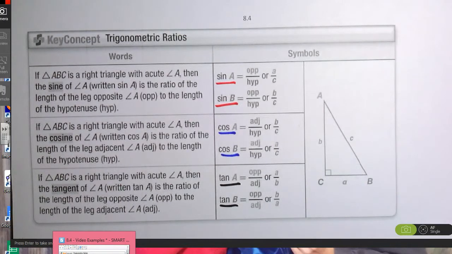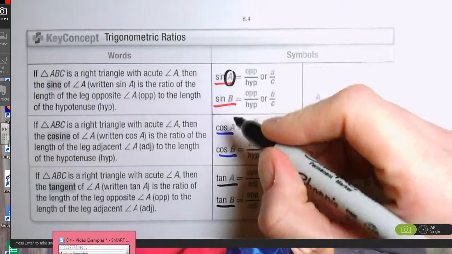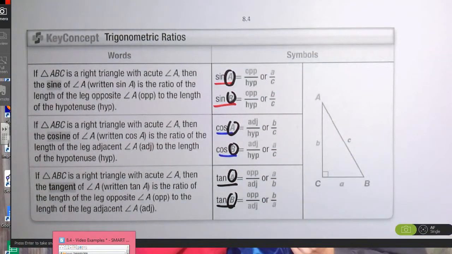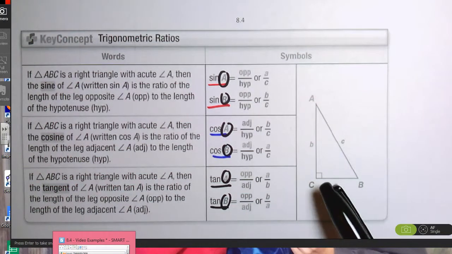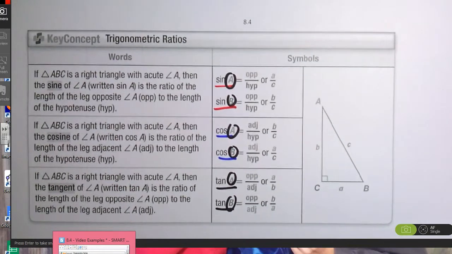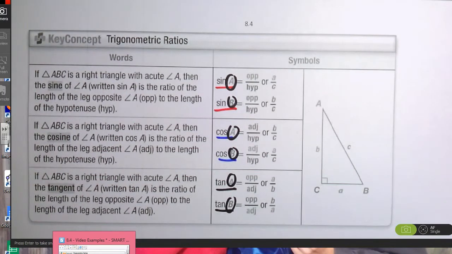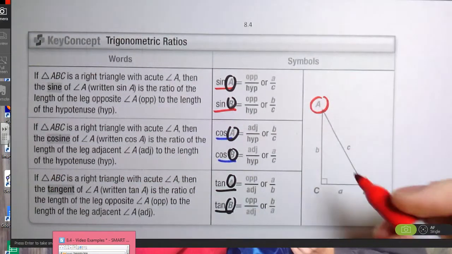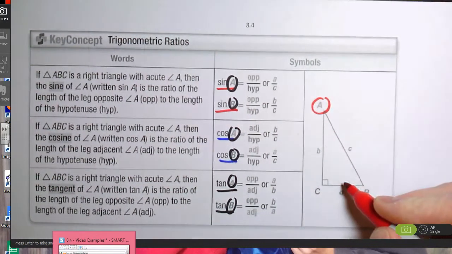Now the tricky part about this is that capital A and B, those are both angles. One thing is we never use the right angle. That's one thing people mess up. We'll never use angle C. You'll use that in algebra 2, not in geometry. But if I'm talking about angle A here, the opposite side is the side directly across from it.